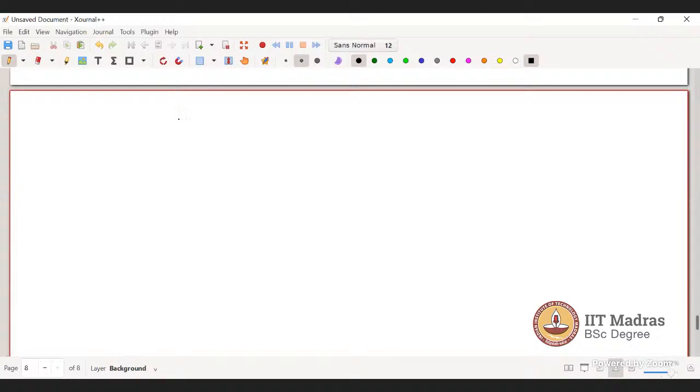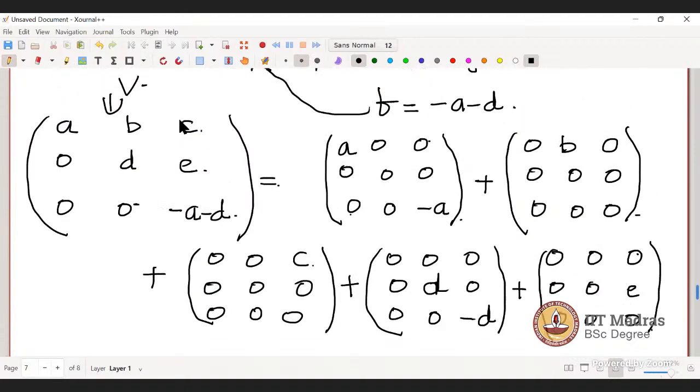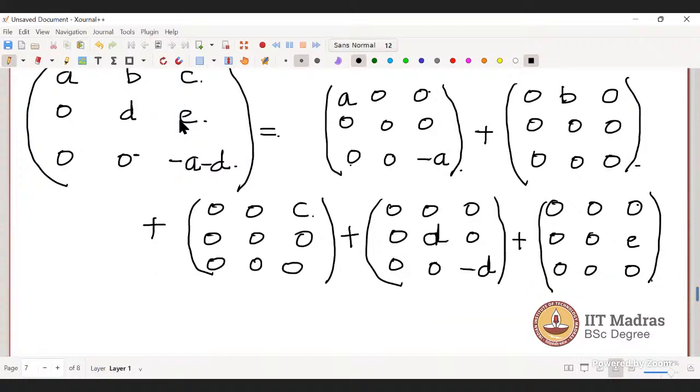Sir, also on that note, I would like to add this question to the bucket. When we write the basis vectors, if you go back to the previous page once, we write this matrix as basis vectors, either A 0 0, B D 0, C E minus A minus D, or A B C, 0 D E, 0 0 minus A minus D. The way you have broken every row and every element in every row, you can take the 5th matrix and the 4th matrix, 0 D 0 and also 0 0 E. We don't have to take it like that, right?